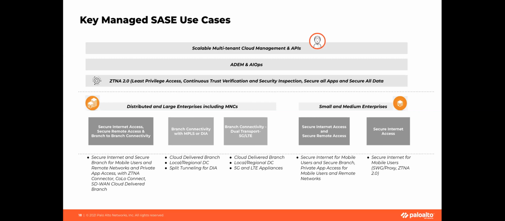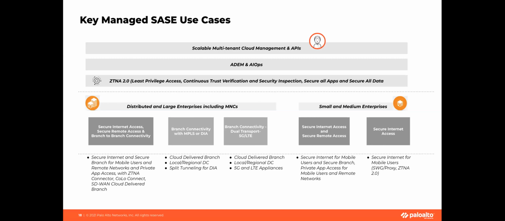As you move up the value chain, medium enterprises with branches and potentially private applications require secure internet access as well as secure remote access with private application access. All of this can be facilitated through the SASE platform.